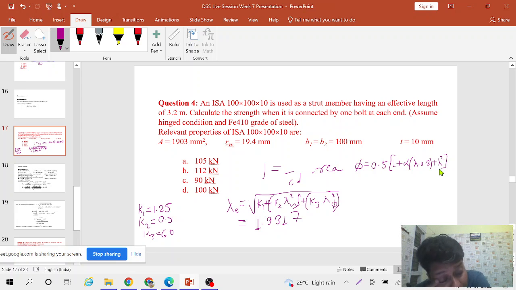So how do you get the value of alpha in this phi? Buckling class C. Okay, so which table have you used? I want to ask in which table the value of imperfection factor alpha is given?